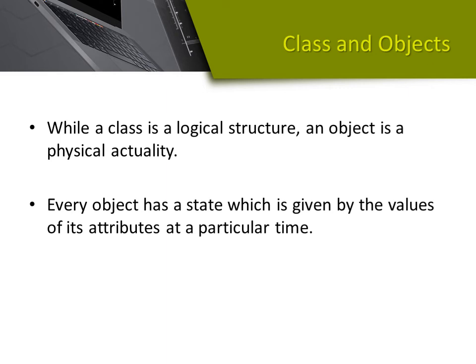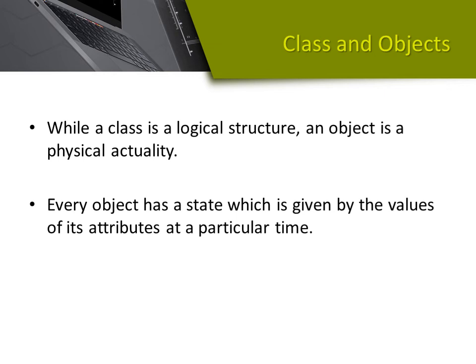So, we can say that a class is a logical structure, whereas an object is a physical actuality, which means that memory location is assigned to an object when it is created.